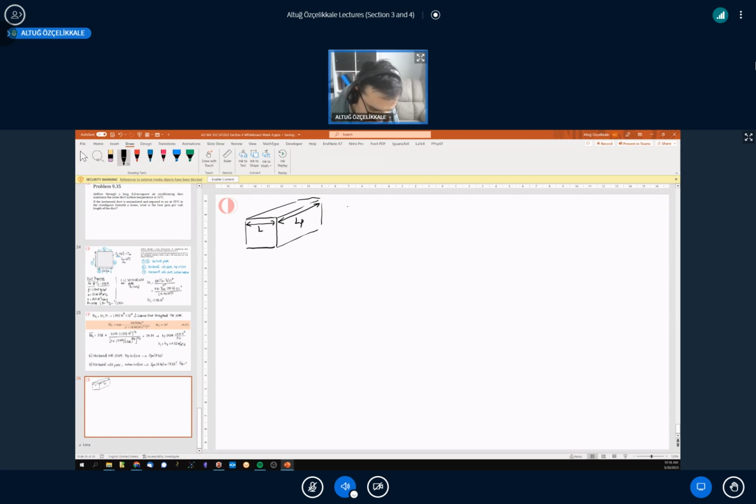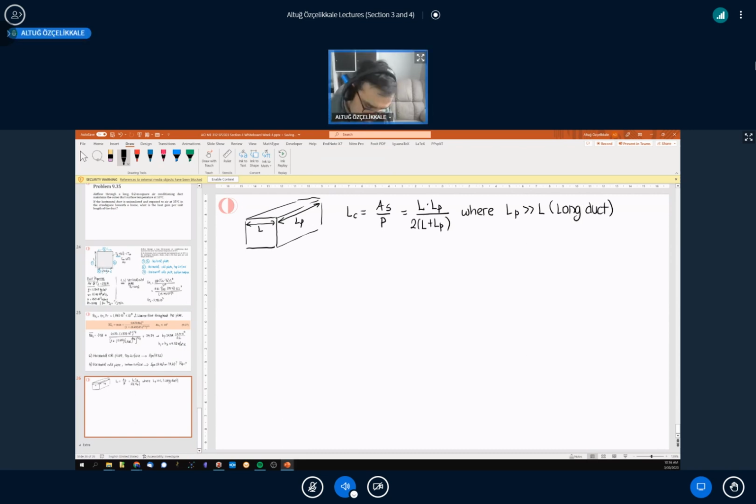So the characteristic length is equal to the surface area divided by P. And that's going to be equal to L multiplied by LP divided by 2 times L plus LP. However, this LP is much larger than L. That's because it's a long duct.